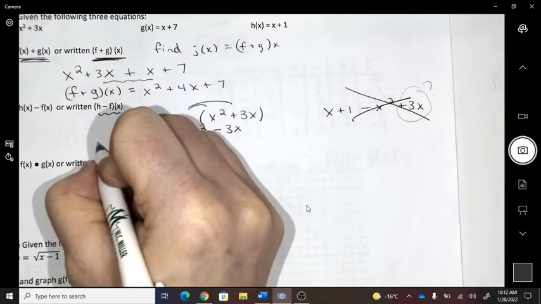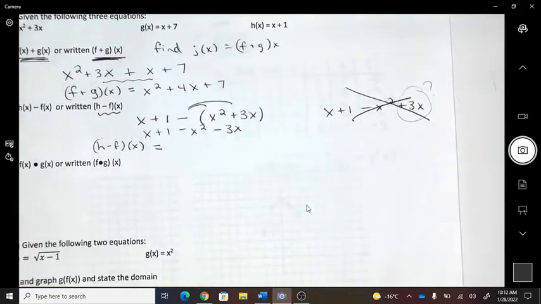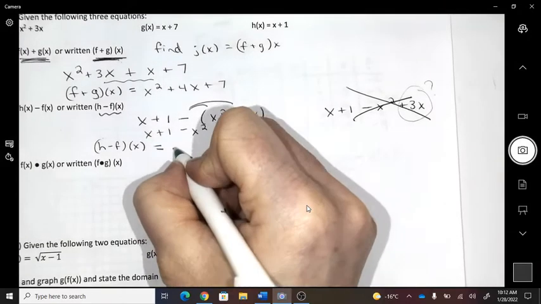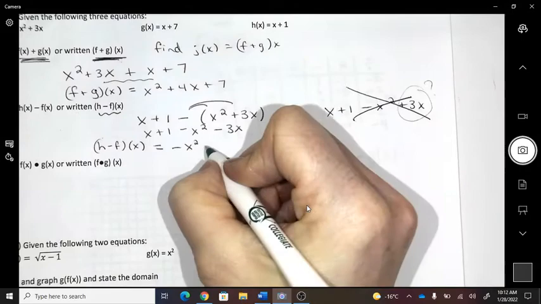And then we always need to title the equation something with an equal sign. Okay, so I'm going to go negative x squared first. X's can go together.